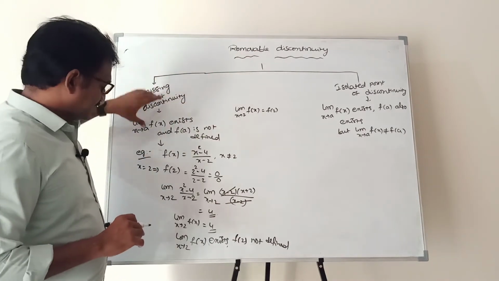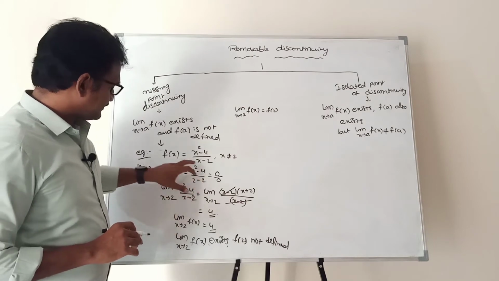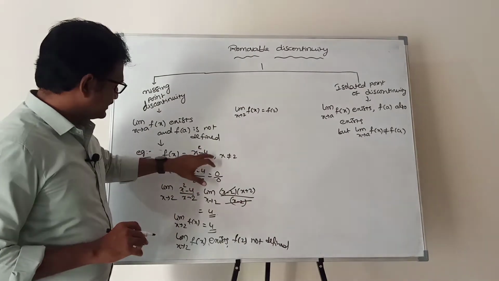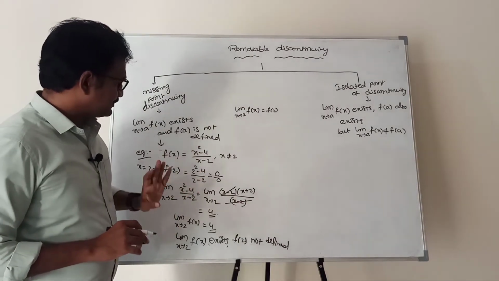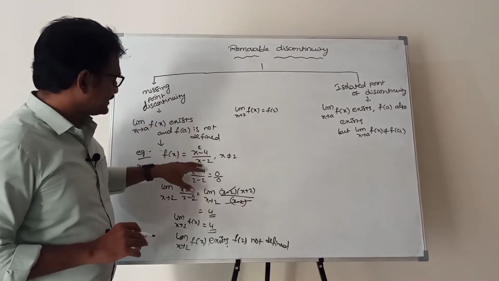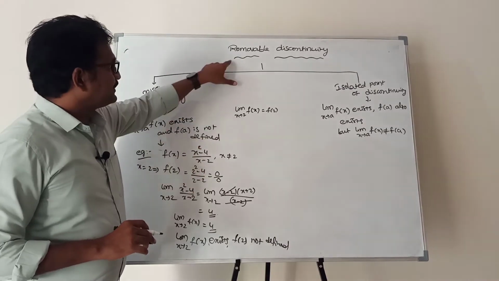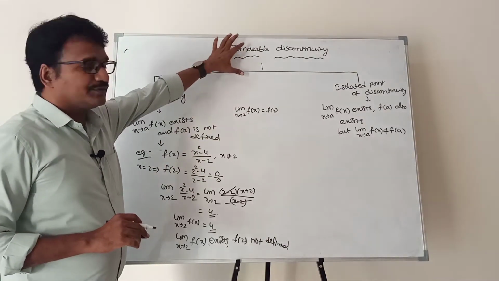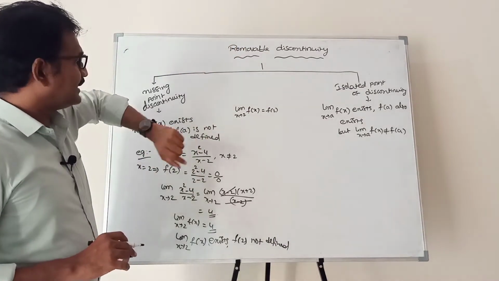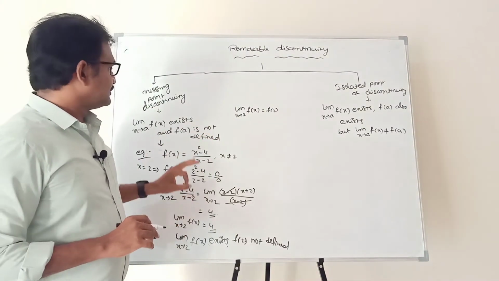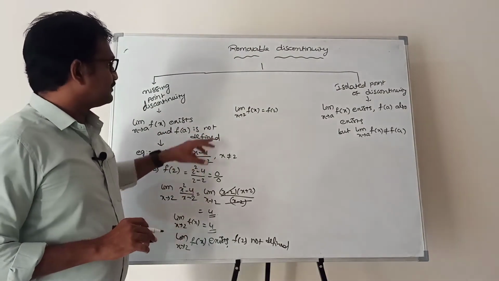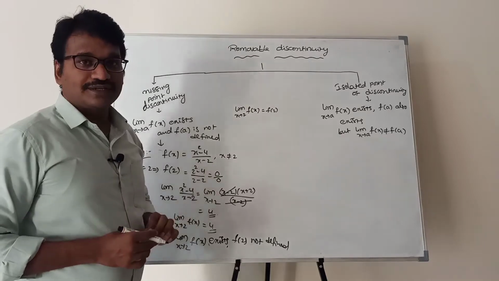The discontinuity is at x equal to 2, where the point is missing, and we can remove it by redefining the value at x equal to 2.